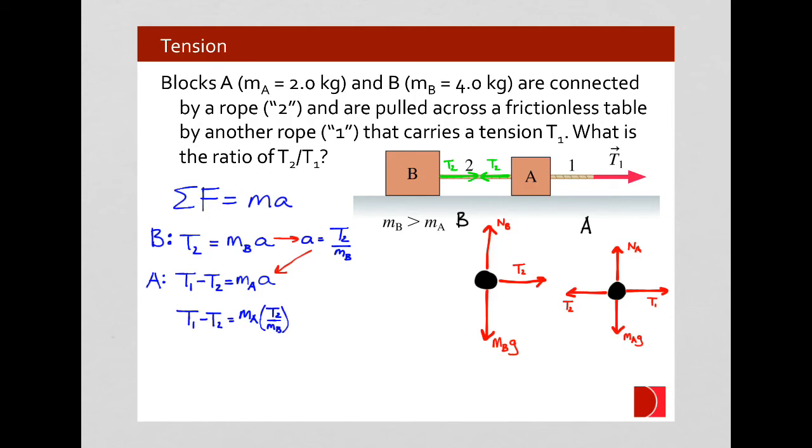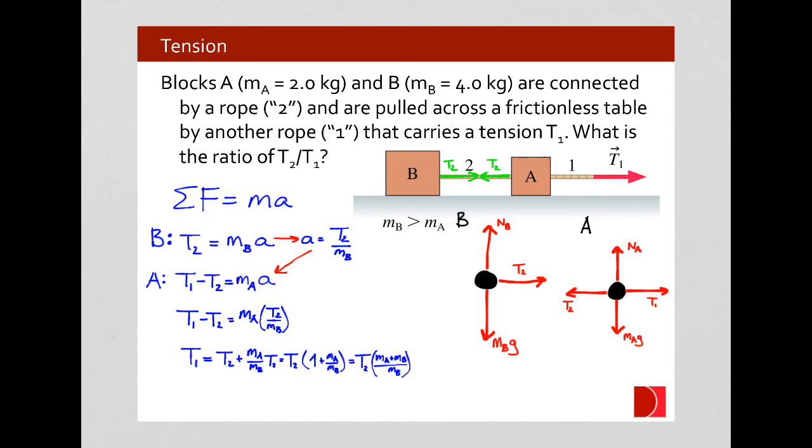So now we want to solve for our T2s because we want T2 to end up on top. And we'll continue to play with this algebraically, and find the common denominator.